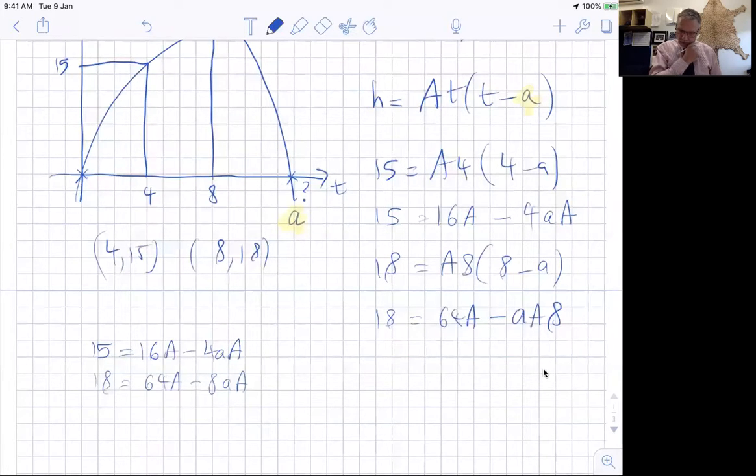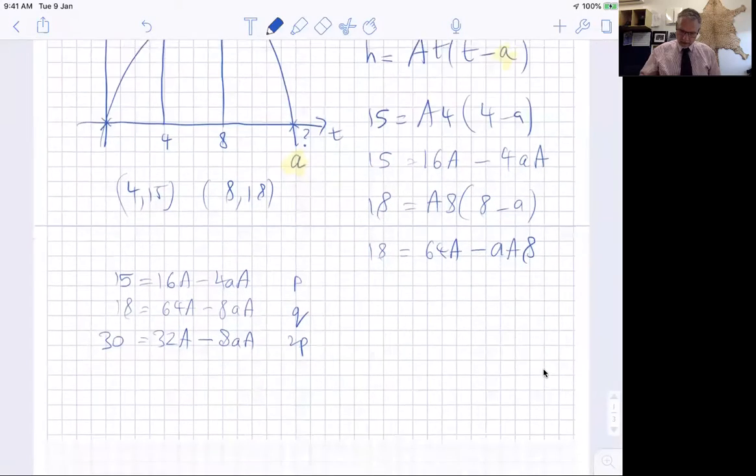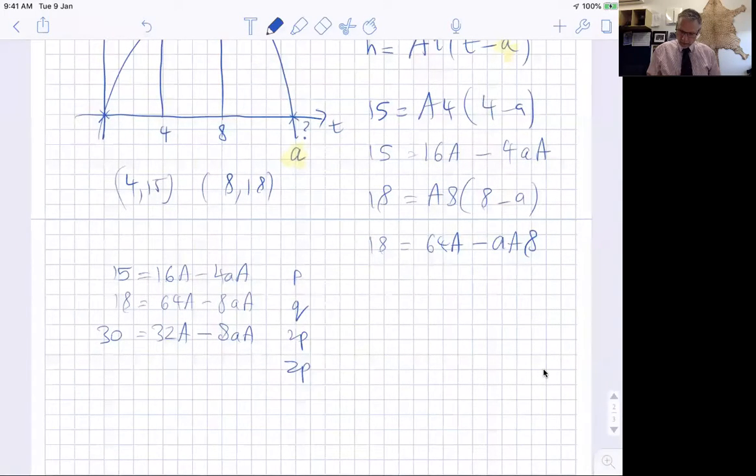So I'm thinking if I double this one, if I label that one P and this one Q, I multiply P by 2 and I get 30 equals 32A minus 8a. Then I can subtract one from the other, so I'm now going to go 2P minus Q. 30 minus 18 is 12, and that gives me negative 32A, and that cancels out really nicely.